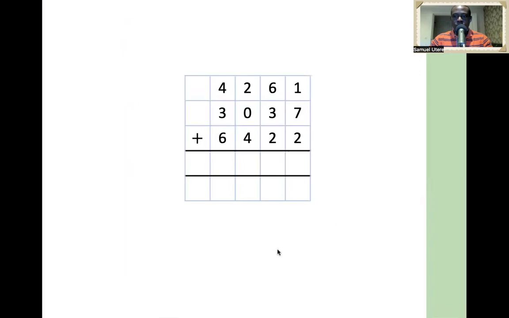All right, let's do some new learning. So if we want to add these numbers, what do we do? It's exactly the same approach. We see here, this is all tens, because 1 plus 7 is 8, 8 plus 2 is 10, of course. That 10 is going to give us 1 hundred counter, so it's going to be there. So we now have 0 ones because we've used it.